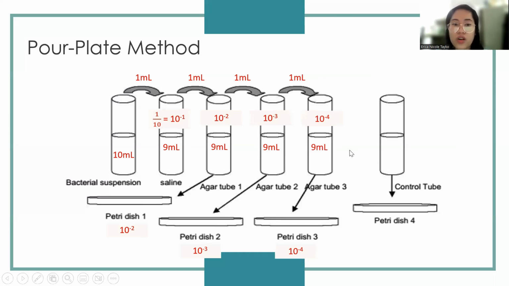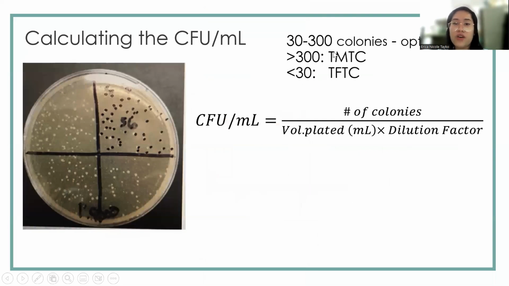So now that we know how to get the dilution factor, we can use that to calculate the CFU per ml, colony forming units. The reason why we use colony forming units as the term, not bacterial cells, is because we are only counting colonies later on, and the colonies will serve as our estimate for the bacterial cells.